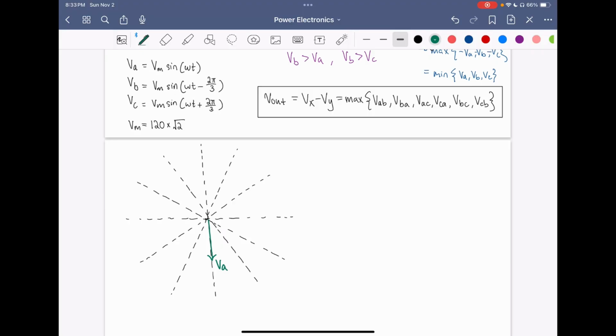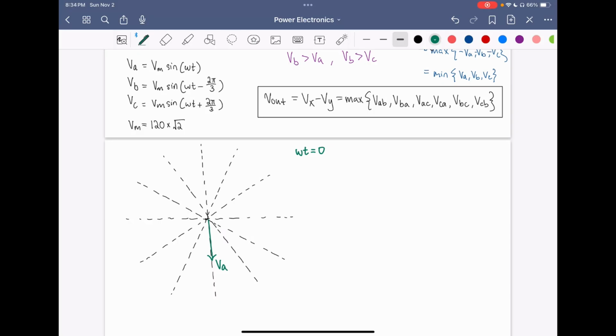VA is Vm sine omega t, and we're drawing this phasor diagram as a snapshot where omega t equals 0. So in this snapshot, VA, which is sine omega t, is this vector here. And this makes sense because if we project this onto the real axis, that gives us 0, which is the same as sine 0 is 0.